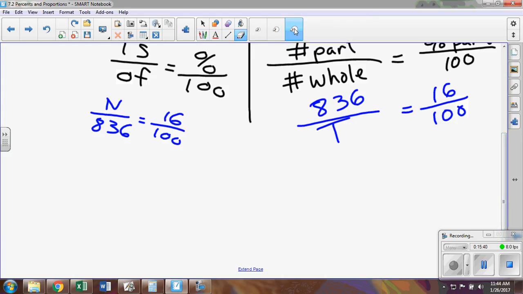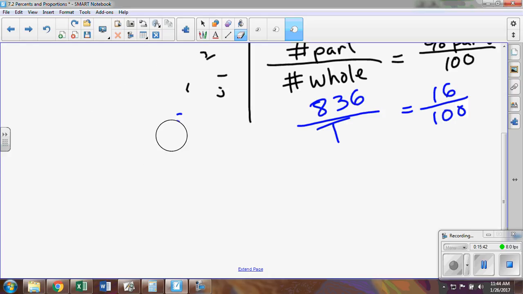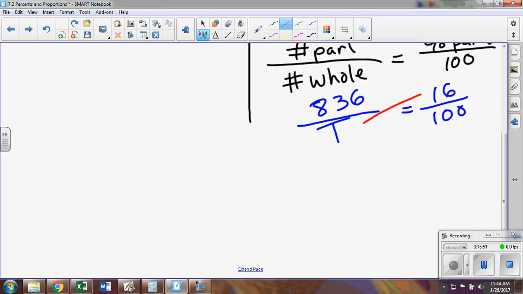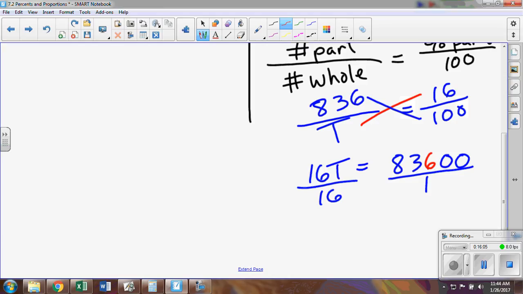So now that we've got the correct format, let's actually go through and answer the question. How do you want to solve it? Okay, cross multiply, so we'll take 16 times t, 836 times 100, and then of course we have to divide by 16 to solve it, so 83,600 divided by 16, 5,225.